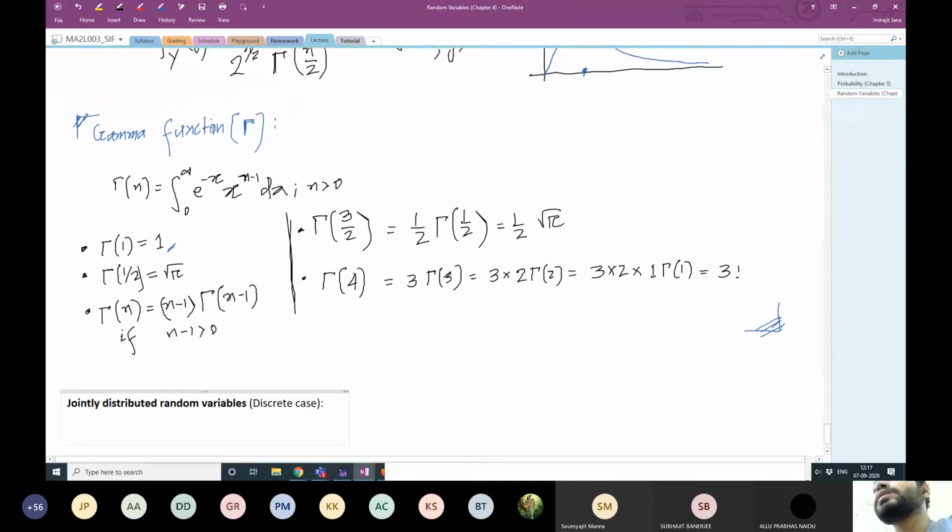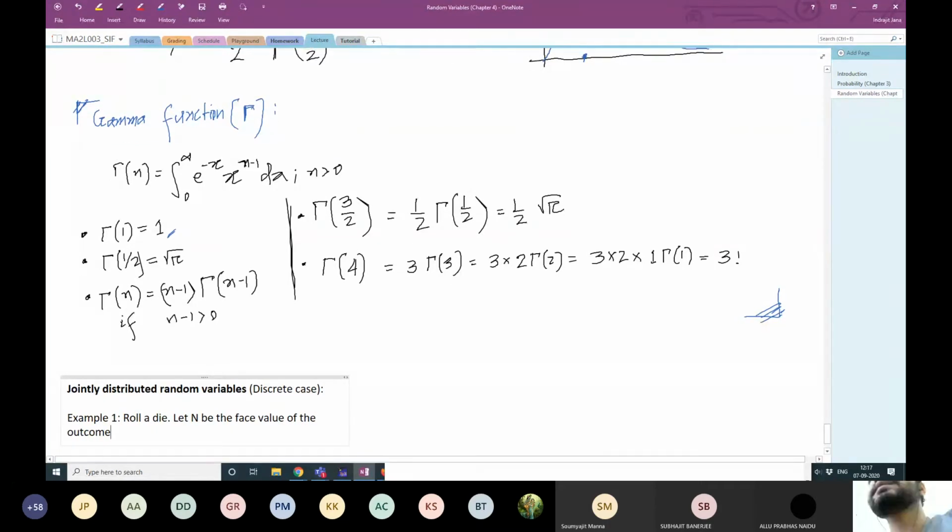Okay. What you do, you roll a dice and let n be the face value of the outcome. And then what you do, you toss a coin n many times. I think I did this example in a different context last time.